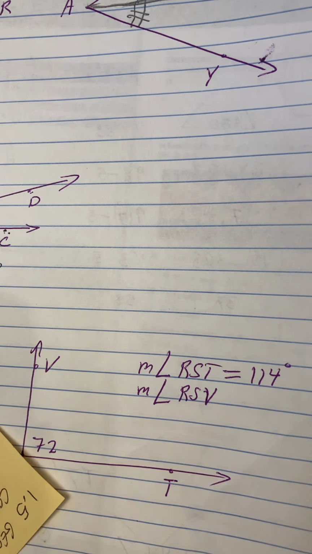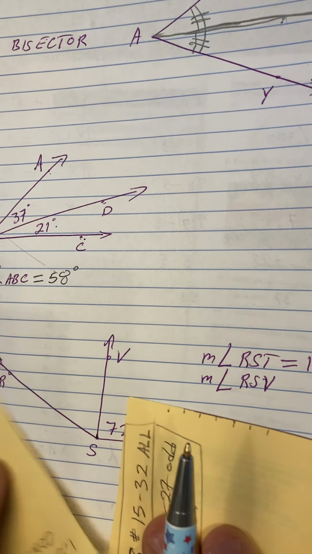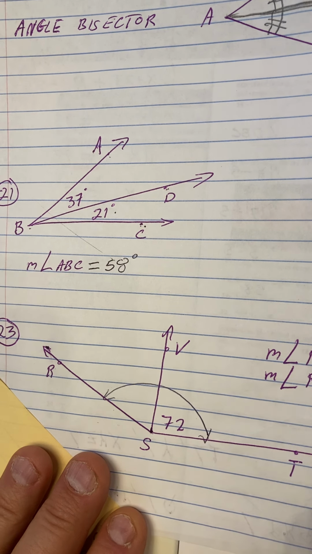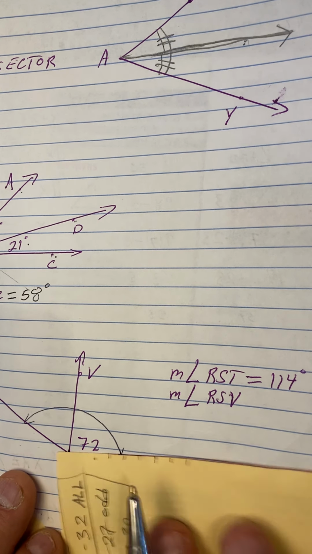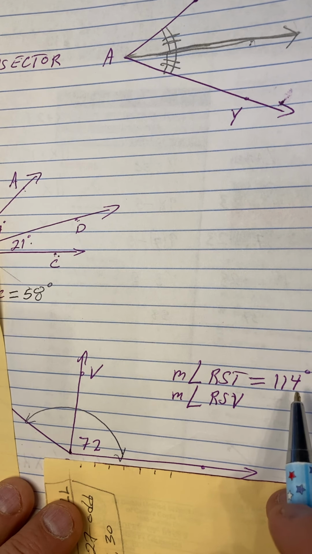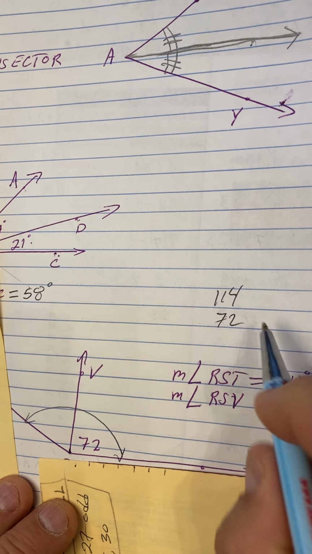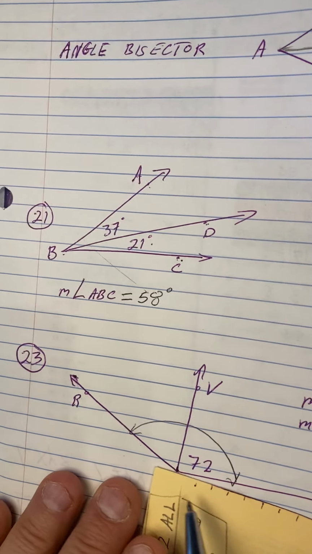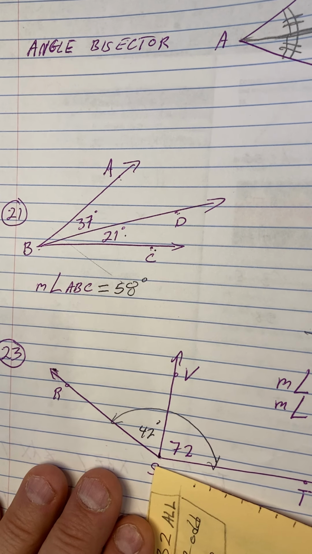If this entire angle is 114 degrees, and this angle is 72, well, then we're going to subtract. We take 114 and subtract 72. So 42 degrees.